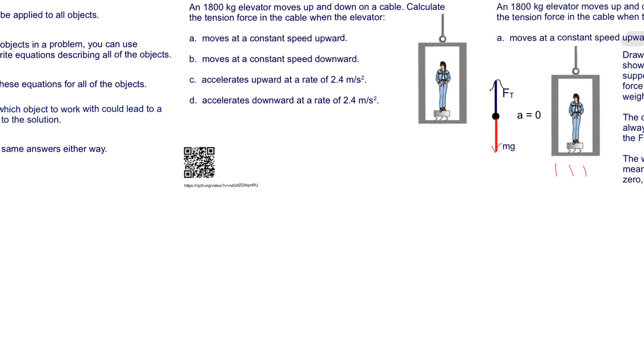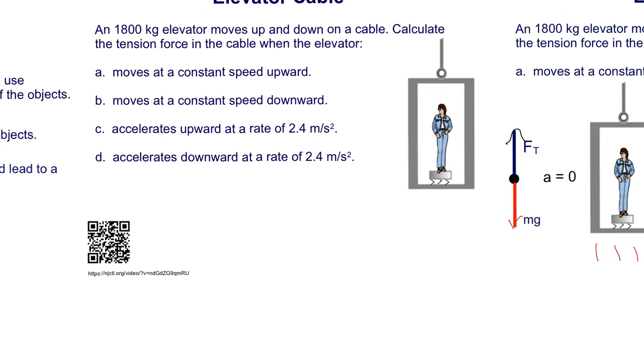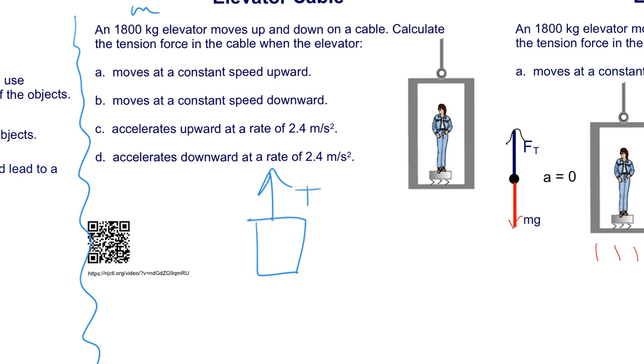So let's look at this problem right here. This is mass. We're leaving friction right now, and we're going into elevator problems, which are really important. Calculate the tension force in it. So instead of normal force and weight, we're looking at tension and weight, no friction.